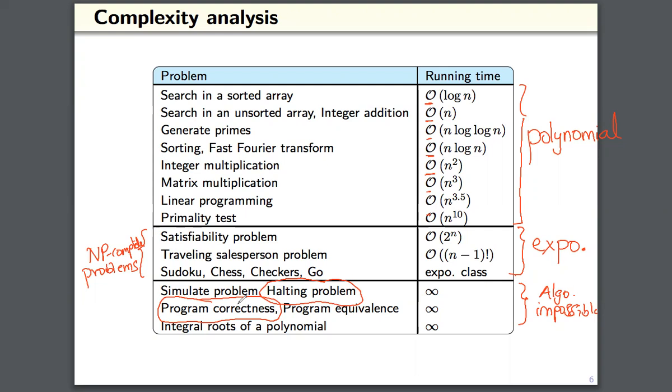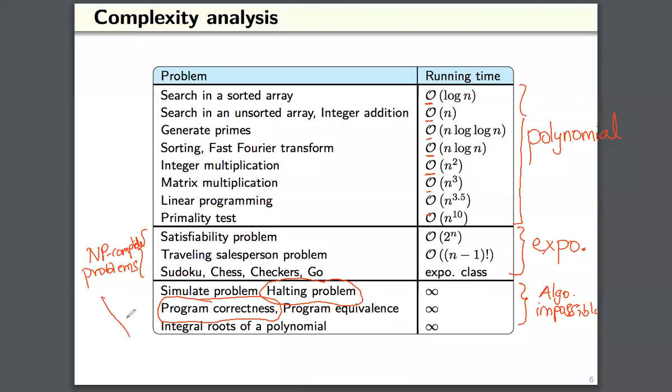When do you say that a program has crashed or hung? If it takes an infinite amount of time, it never stops, never terminates. So you cannot write a software that checks whether another app crashes or not. So these are algorithmically impossible.